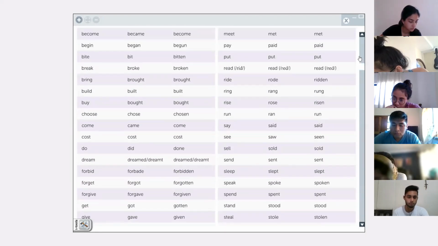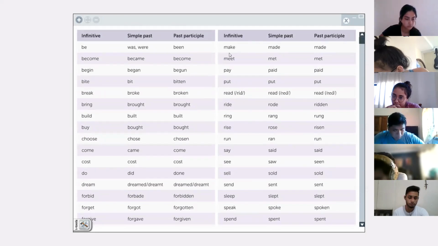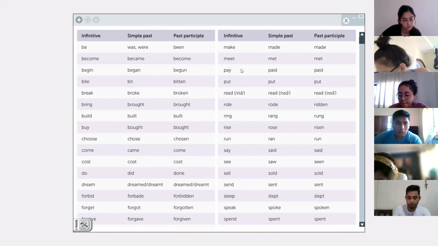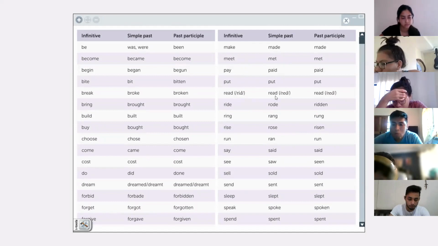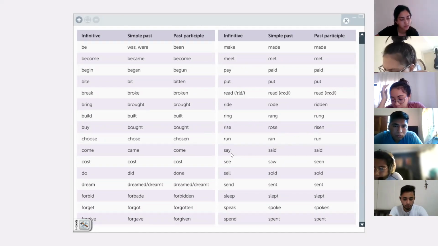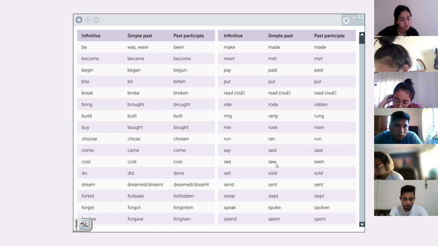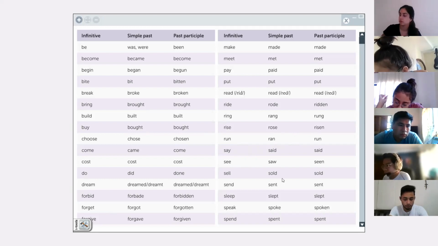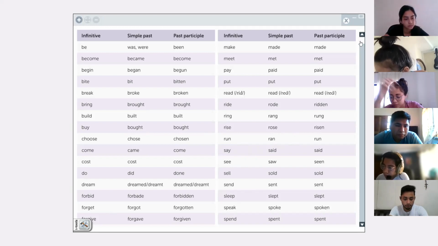Let's check the second column. Here we have make, and in the past, made. Meet, met. Pay, paid. Put, put. Read, read. Write, wrote. Ring, rang. Rise, rose. Run, ran. Say, said. See, saw. Sell, sold. Send, sent. Sleep, slept.